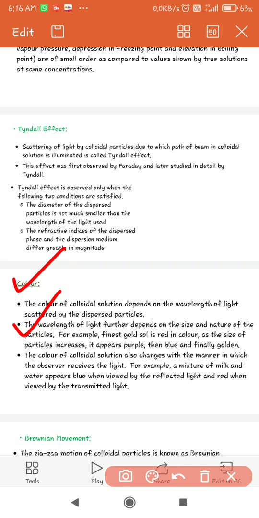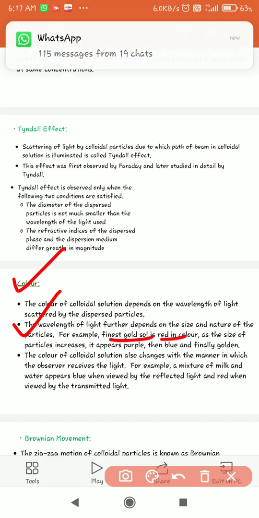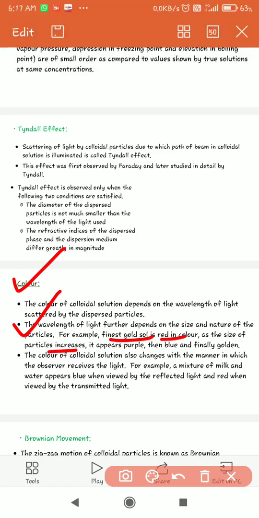For example, the finest gold solution is red in color. As the size of the particles increases, it appears purple, blue, and finally golden in color.